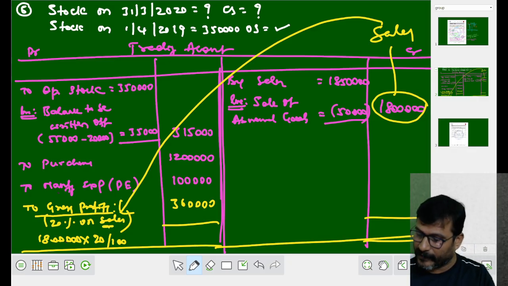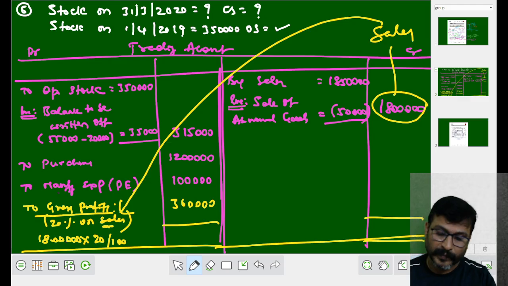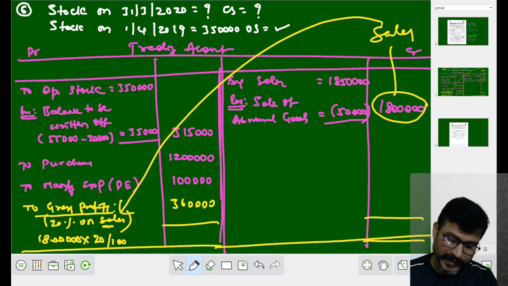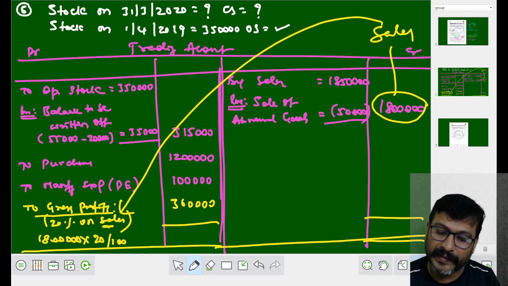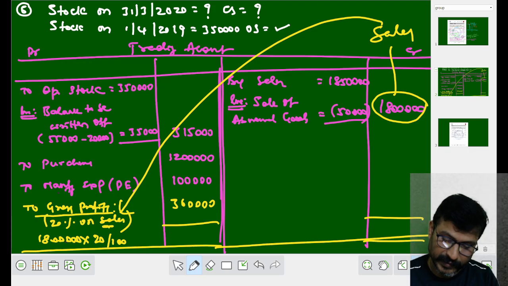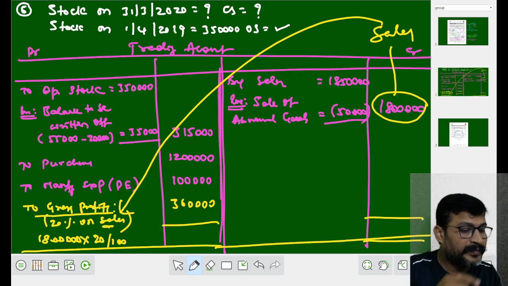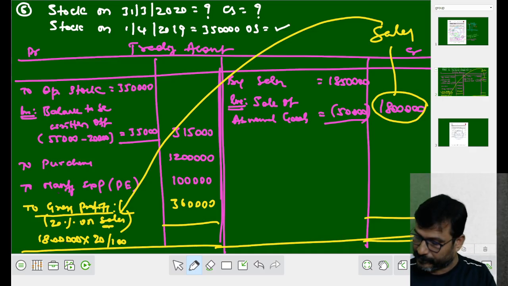Here we are getting 3,15,000 plus 12 lakh plus 1 lakh plus 18 lakh plus 3,60,000.